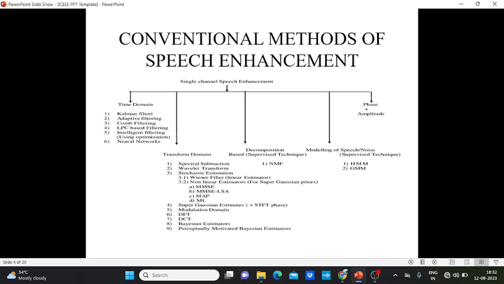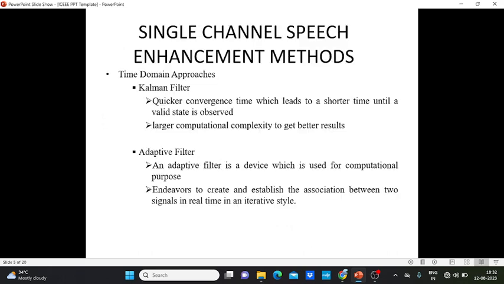And also supervised learning: decomposition based supervised techniques and modeling of the speech based supervised techniques. So these are the main conventional methods of speech enhancement.